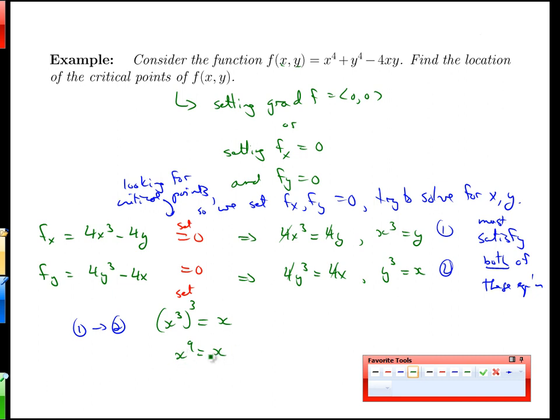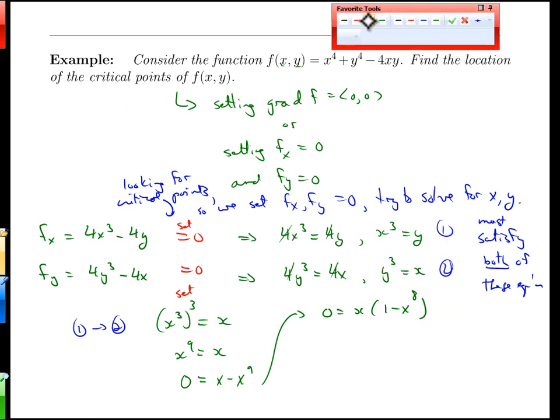Some people might just observe the solution. Certainly 0 is a solution here. I think I'd like to put it in factored form because that makes it more explicit what's going on. Let's set this equal to 0. Then we have x minus x to the 9. And if that's the case, then we can say 0 is equal to x times 1 minus x to the 8.